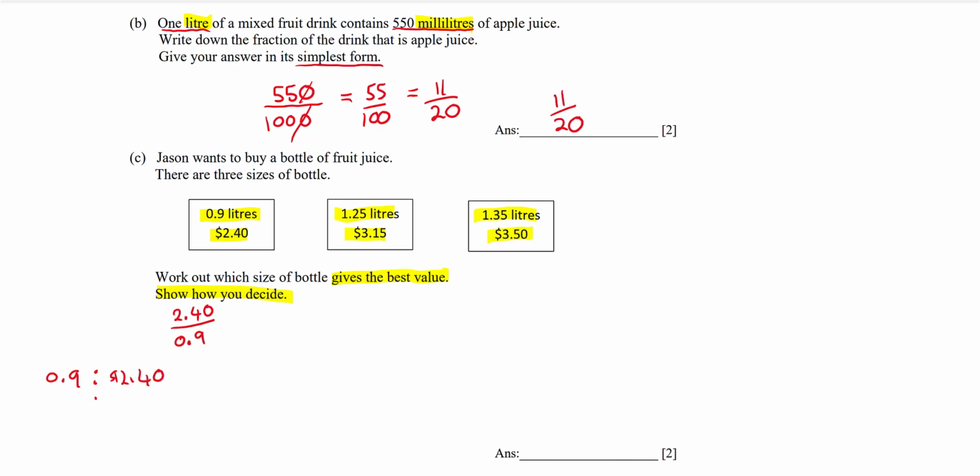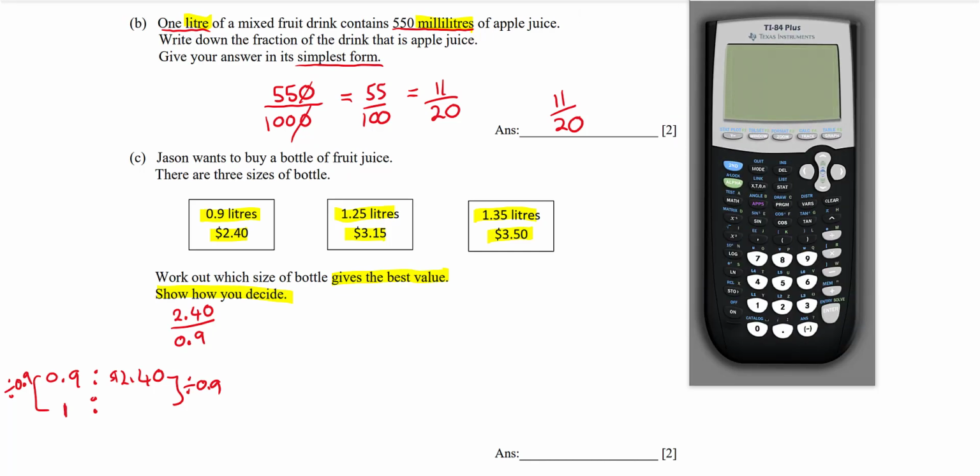And if we want to get to 1 litre, well, one way to do that is we can divide by itself, 0.9, and we just have to do that to the other side as well. So $2.40 divided by 0.9, that will give us our cost per 1 litre.